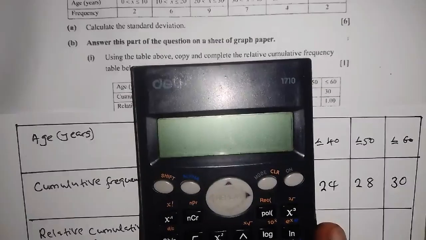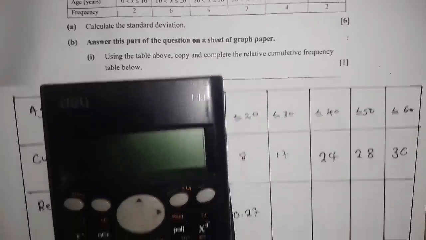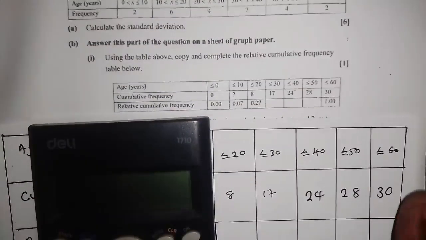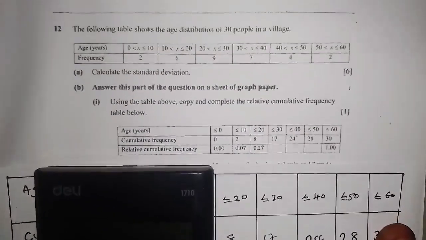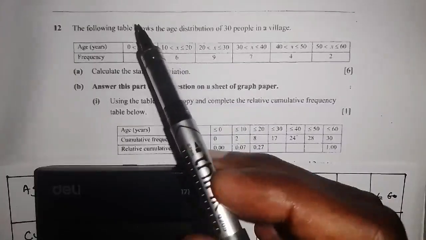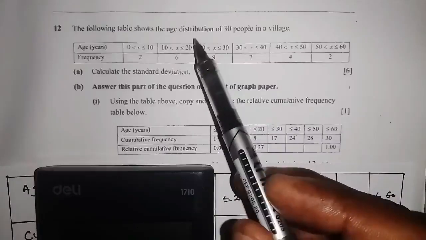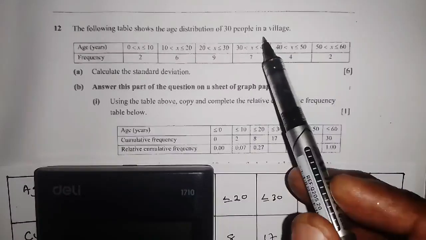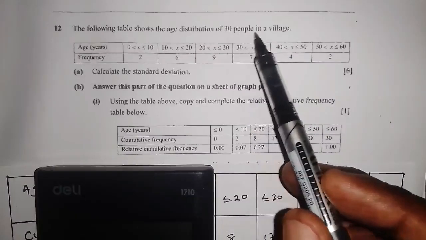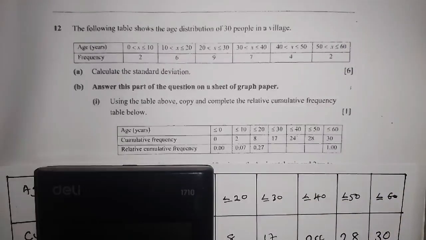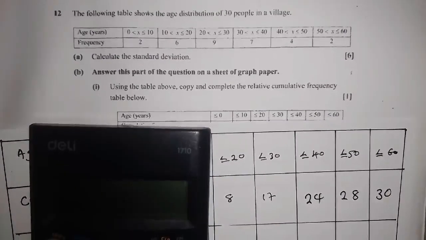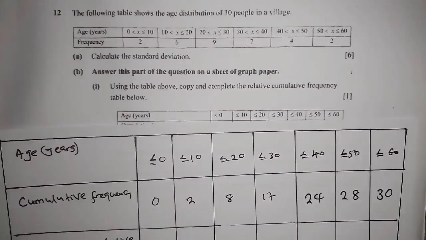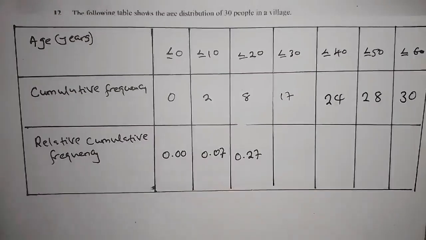Okay. So when you read the question, you understand that this distribution of age consists of 30 people in a village. So the idea is to use that number.